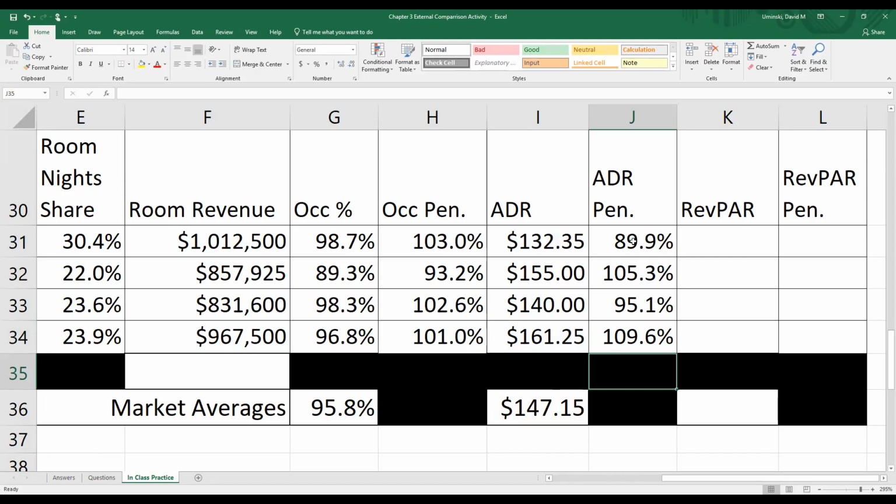So we're taking the average daily rate of each hotel and dividing it by this market average, okay? That will tell us how far above or below we were from the average of the market.